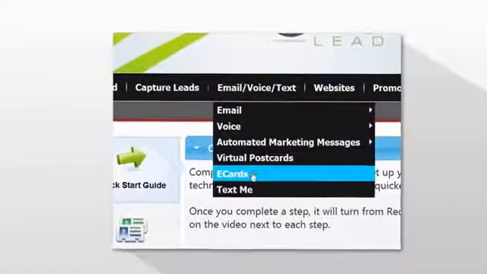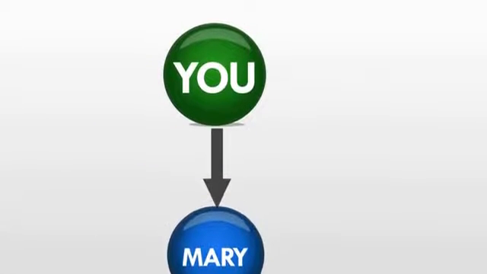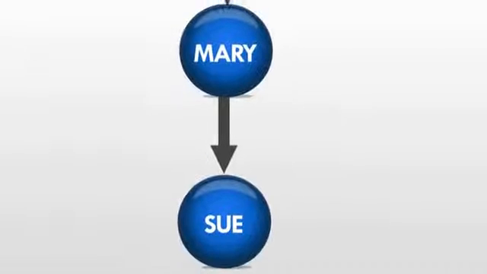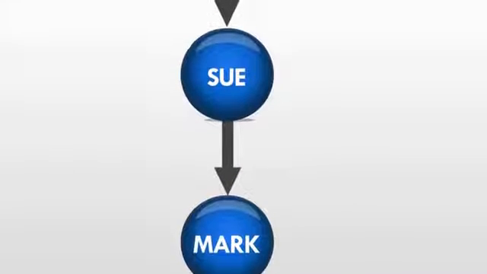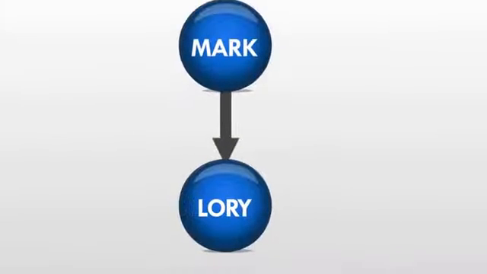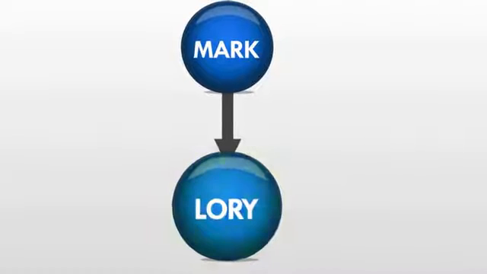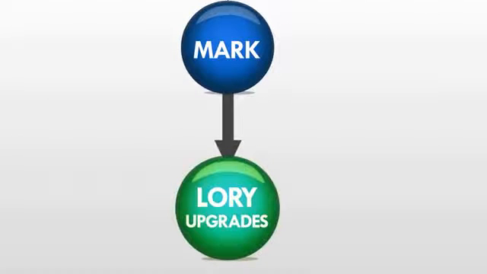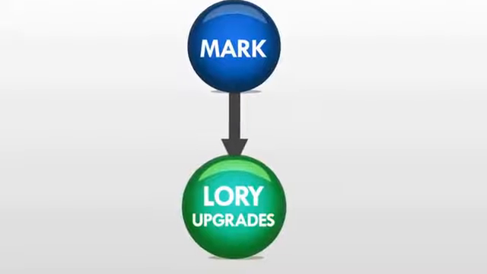So here's a quick example of how powerful this can be. Suppose you give a free lead system to Mary. Mary gives a free system to Sue. Sue gives a free system to Mark, and Mark gives a free system to Lori. Lori then decides to upgrade. Who do you suppose gets credit when Lori, whether she's 5 levels deep or 50, decides to upgrade?